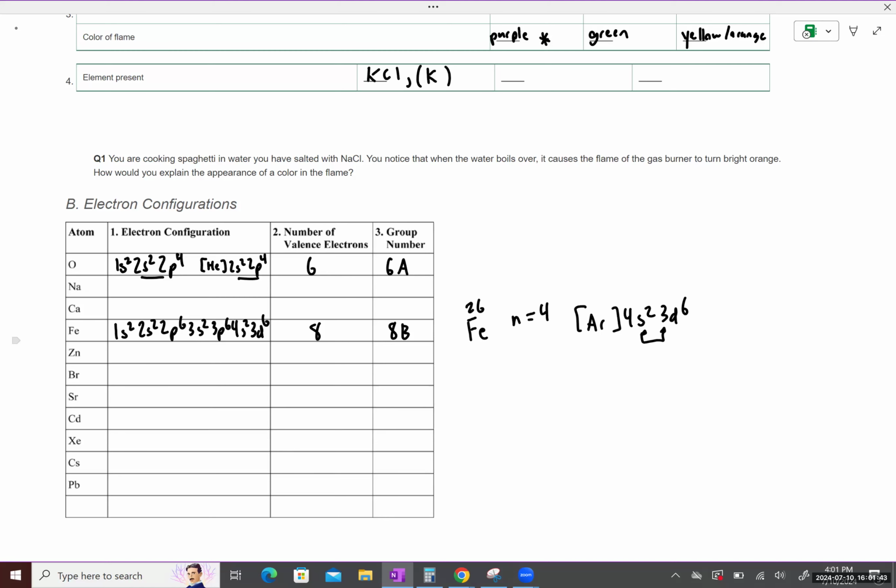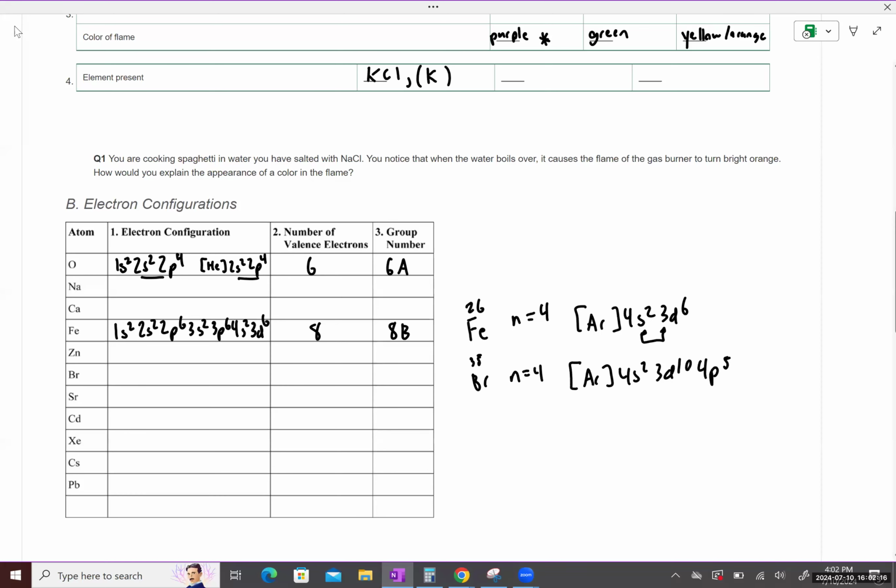To provide a contrast, let's look at bromine, which is also in the same row as iron, but this time we have 35 electrons to work with. For bromine, we can abbreviate the configuration as argon, 4s2, 3d10. We've completely passed the transition metal block, followed by 4p5.